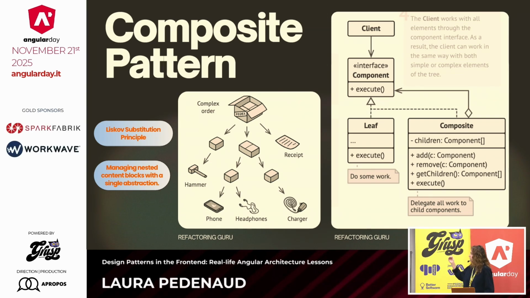You have a client, then you have, just as in the strategy pattern, an interface, which chooses which method to execute, and then for the methods you want to execute, there are two ways to do it. You are either a composite, so for example a box, or a leaf, so the object you want to deliver, so you're the end of the chain.